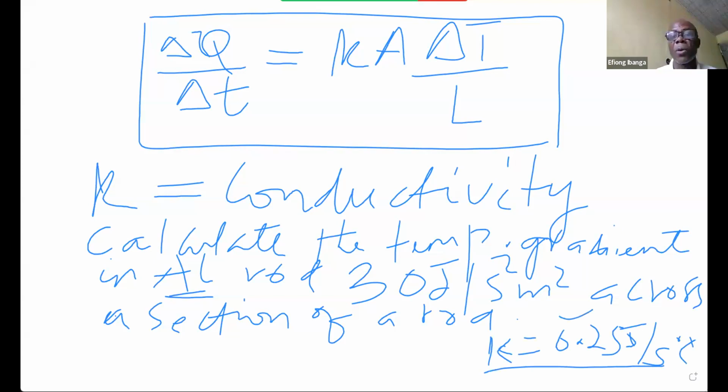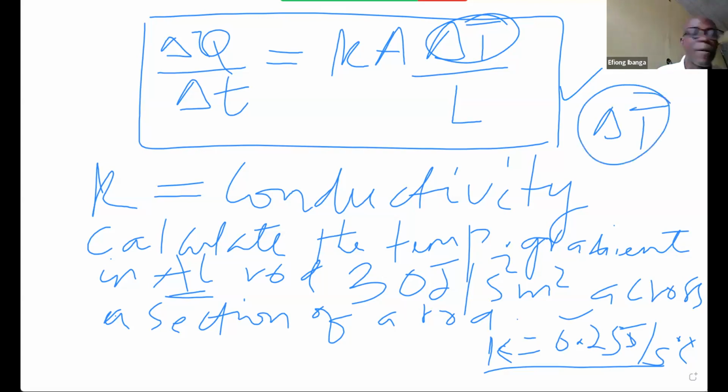Now to solve this problem, what you are asked to calculate is the temperature gradient. That's the quantity that you look for. So all you need to do is to rearrange this equation and make delta T over delta L the subject of the formula.